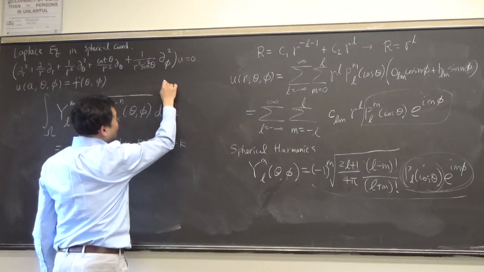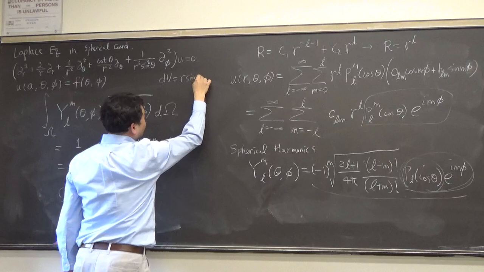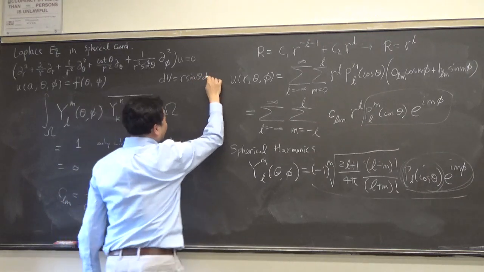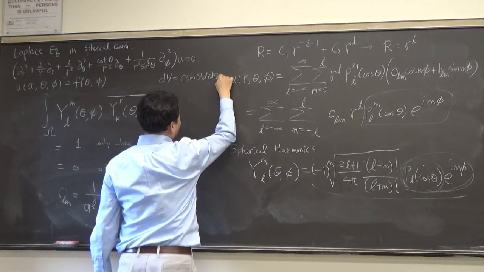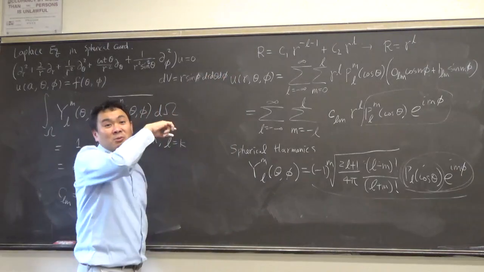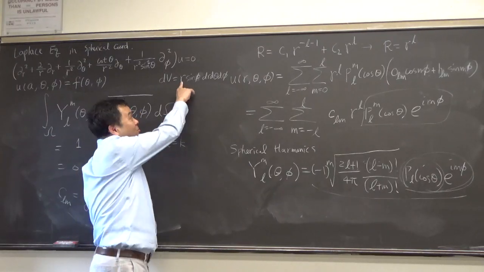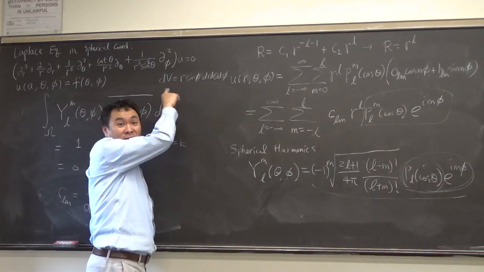Do you know in spherical coordinates that dV equals r sine theta dr d theta d phi? Have you seen this? Well, in multivariable calculus, theta and phi are interchanged, so this is the one that you saw. You've seen this, right?